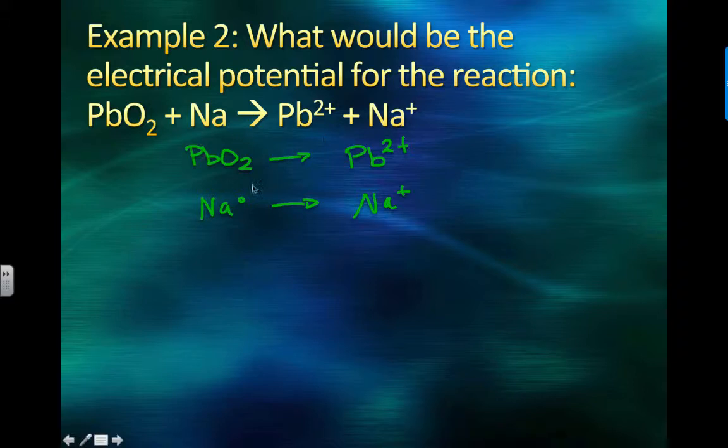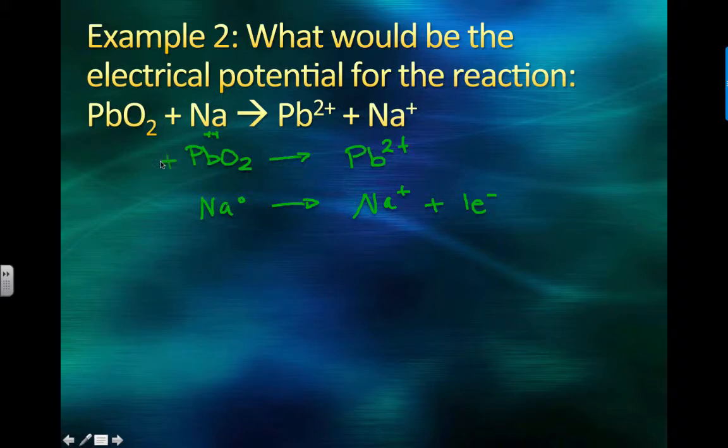If sodium goes from 0 to a +1, because that's what my reaction says, that means I've lost 1 electron. That's going to go, because the charge went up, right? It's oxidized. So I write my electron as a product. And for lead to go from a +4 to a +2, that charge is going down. It's being reduced.